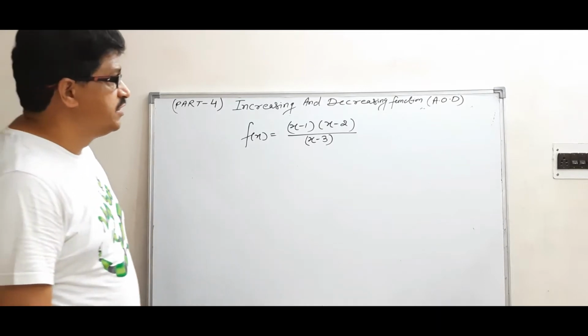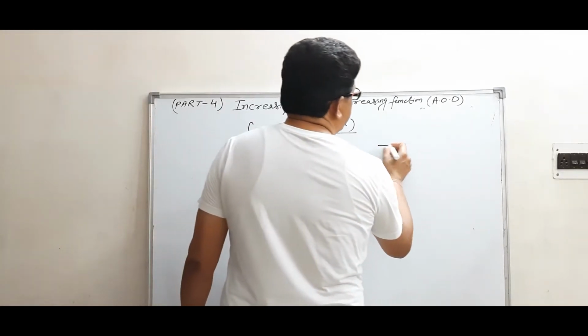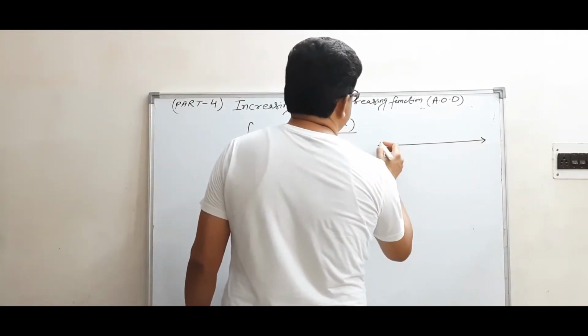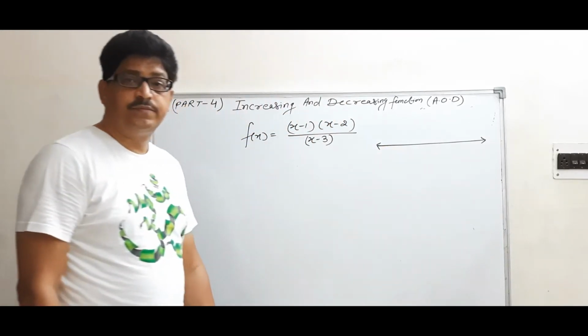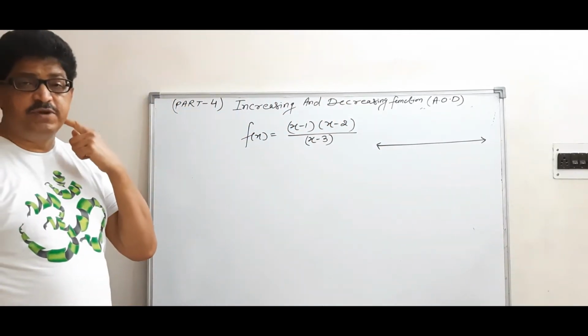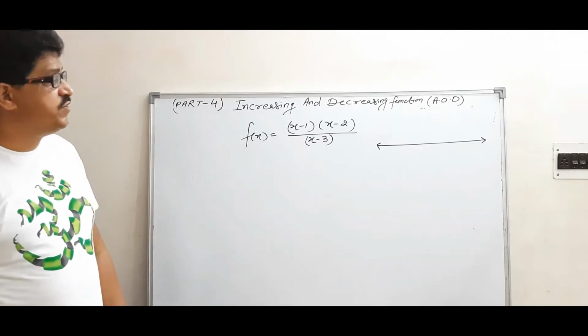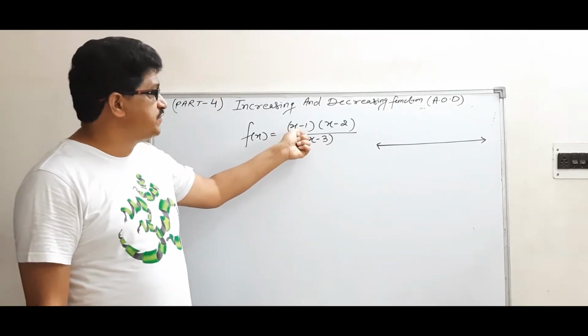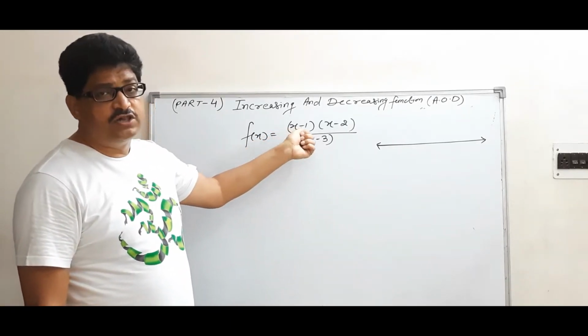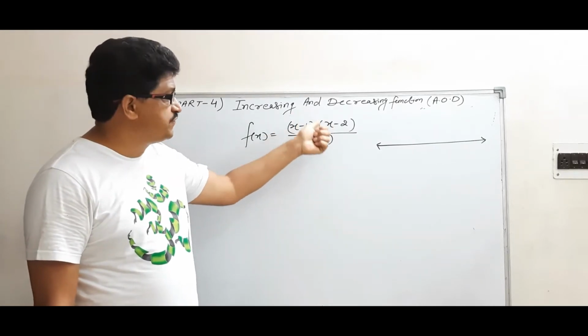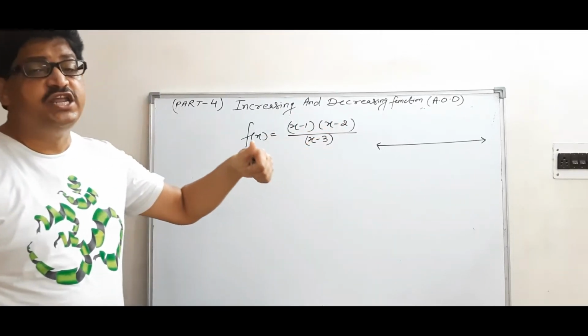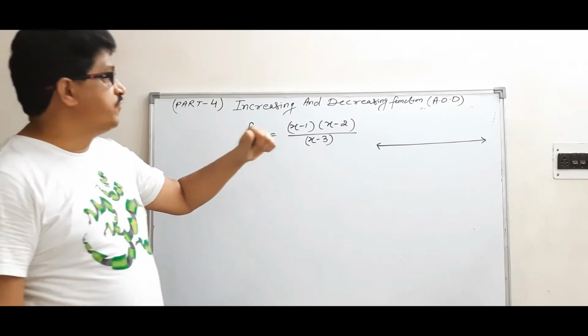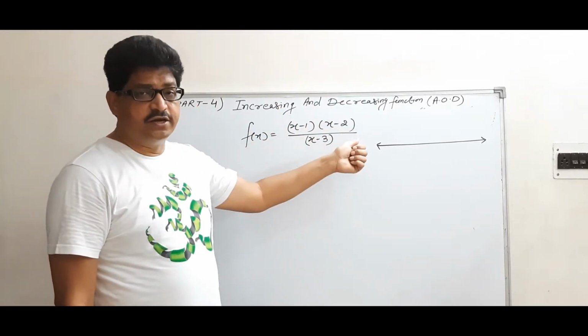To decide this, we use the number line. This is also called the wavy curve method. In this, we put the value of each linear factor equal to 0. We will find all the values of x for which these linear factors are 0, whether in the numerator or in the denominator.